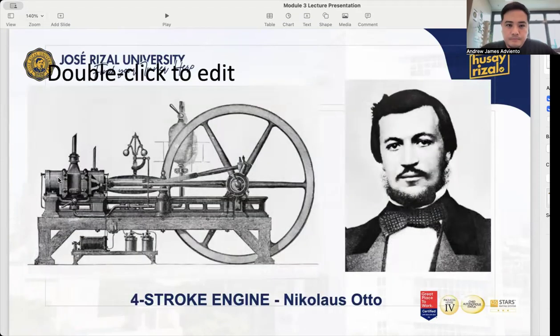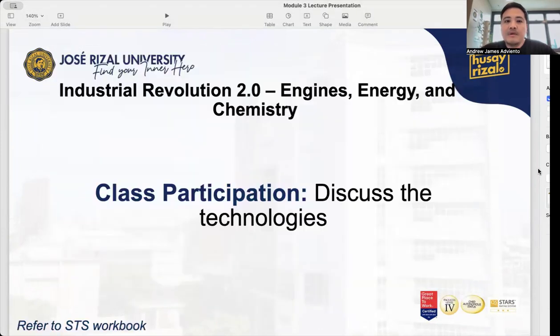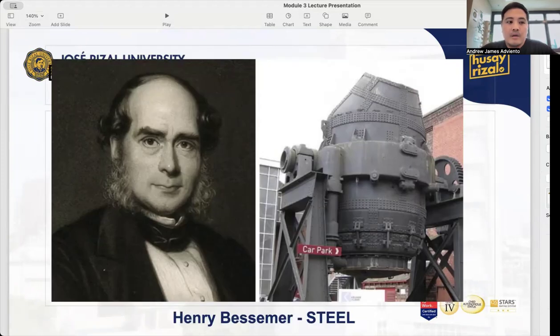During this time, Henry Bessemer's steel process allowed us to build the massive railway systems that connected continents.